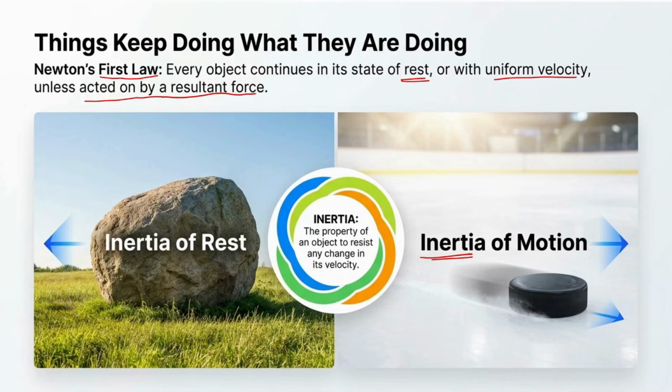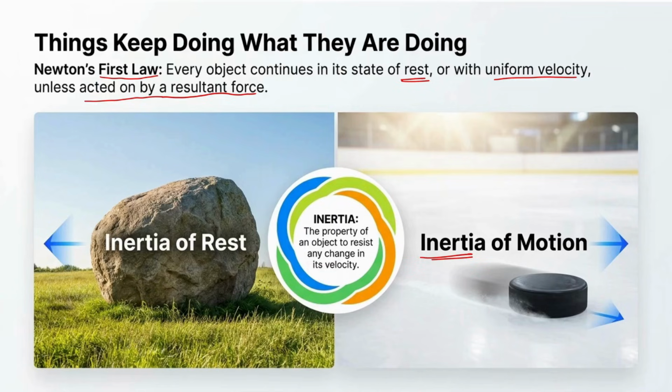So let's understand this with an example. Suppose a heavy box is lying on the floor. It will remain at rest unless a resultant force acts on it. This is related to inertia of rest.